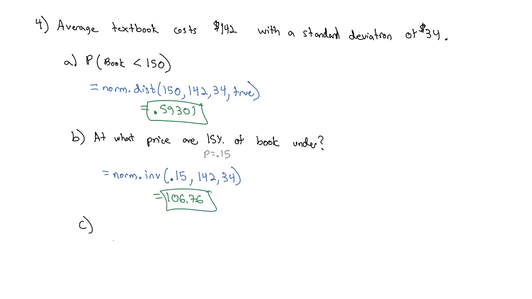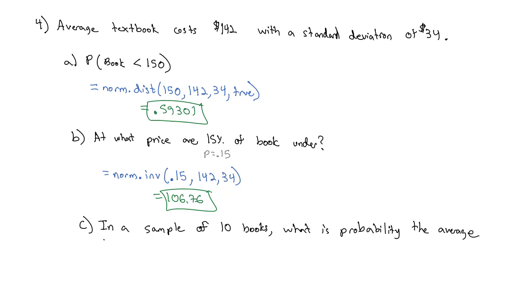What if we slightly changed the question, though? Let's say in a sample of 10 books, what is the probability the average cost is more than $150?